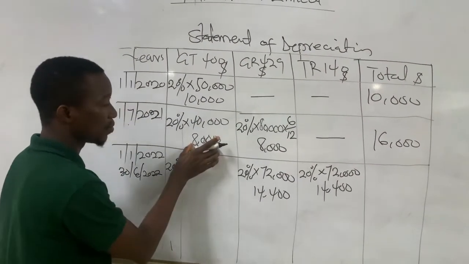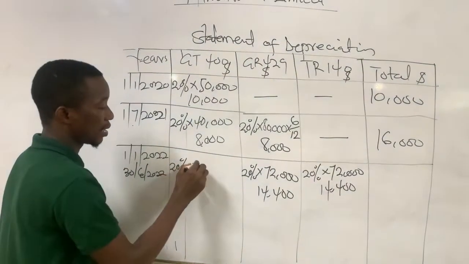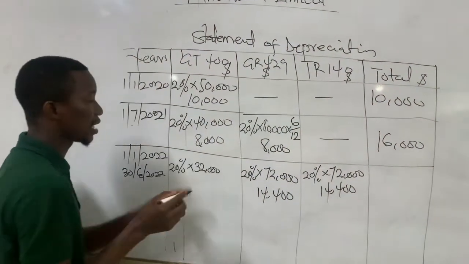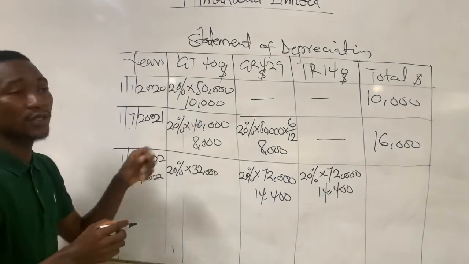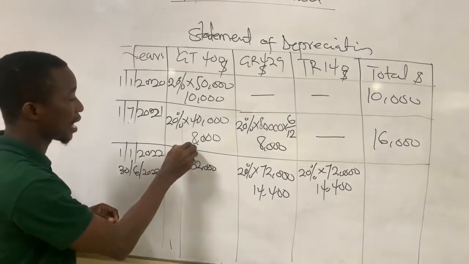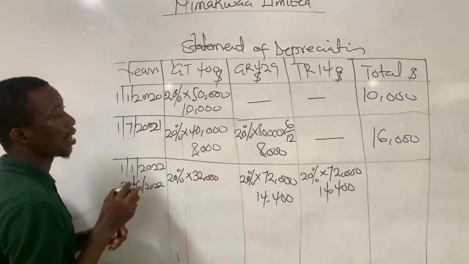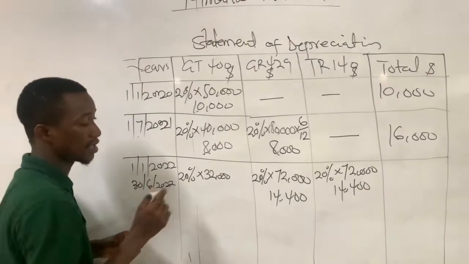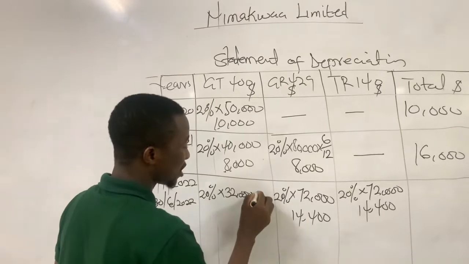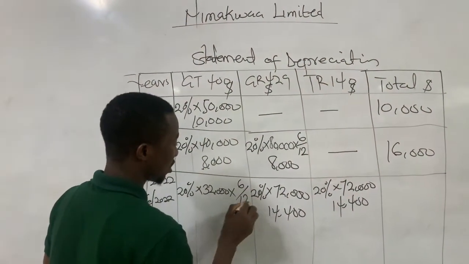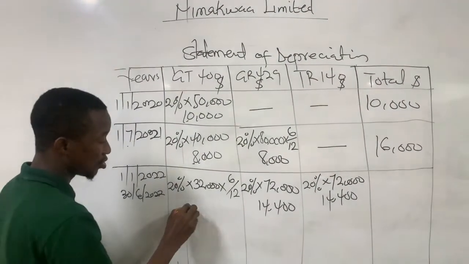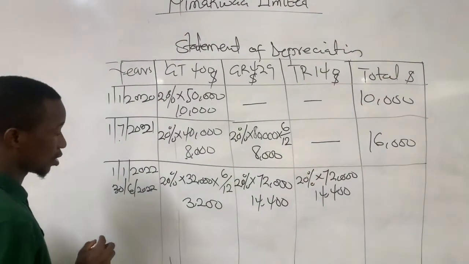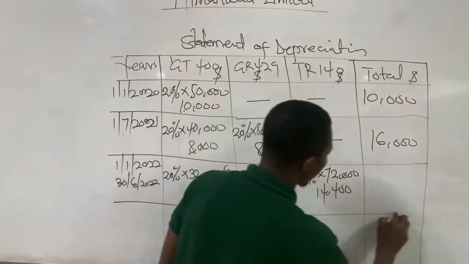We take the annual depreciation from the cost. That is going to give us 32,000. You can decide to take the 8,000 from the 40,000, or you add the 8,000 to the 10,000, making 18,000. Then you subtract it from the initial cost. Is that okay? That will give us 32. Because it is in the business for only 6 months, we apply the fractional policy. That is going to give us 3,200. Is that okay? So we are done with 2022.